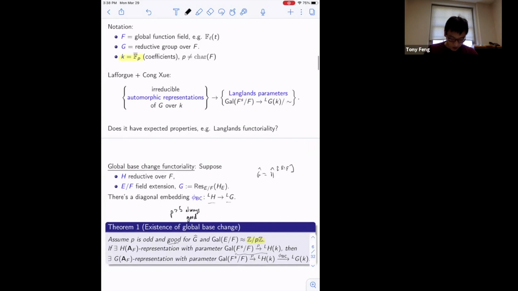I also wanted to remark that although base change seems like a rather special example of functoriality, by known methods of automorphy lifting, at least under some technical assumptions, one can actually reduce everything to the case of base change by using the Taylor-Wiles method. There's an issue.